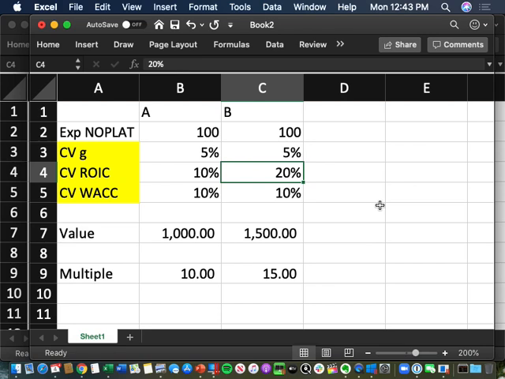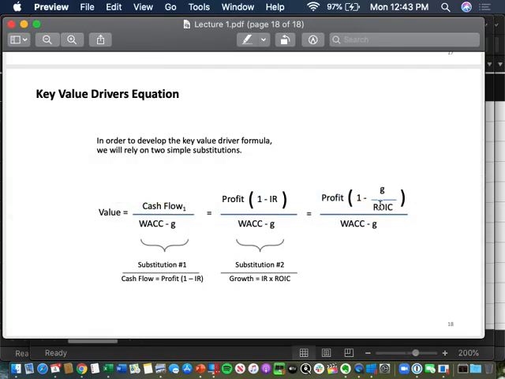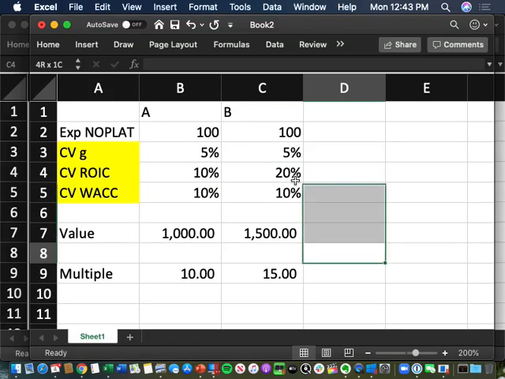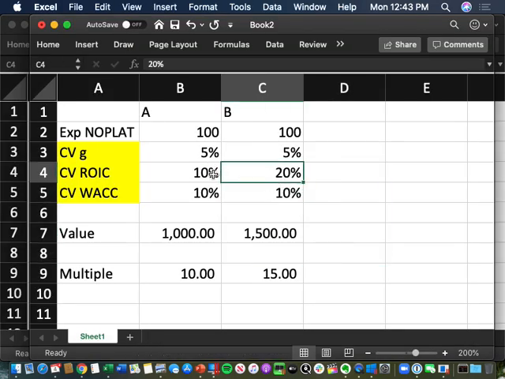And I made a comment back then, which was probably less meaningful to you, but will be more meaningful to you today, where I said, okay, if we took these companies, which had, in this simple example, the same earnings, 100 million, growing at 5% a year. 10% was the ROIC of one, 20% was the ROIC of the other. Both had 10% WACCs. And we said which one was going to be more valuable.